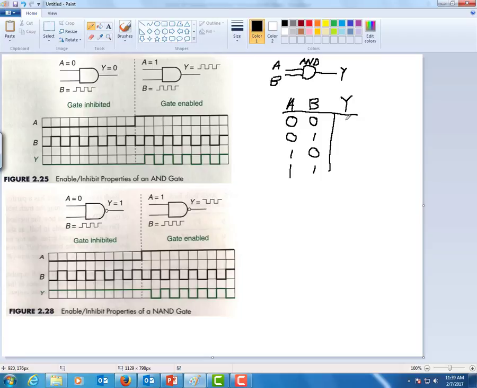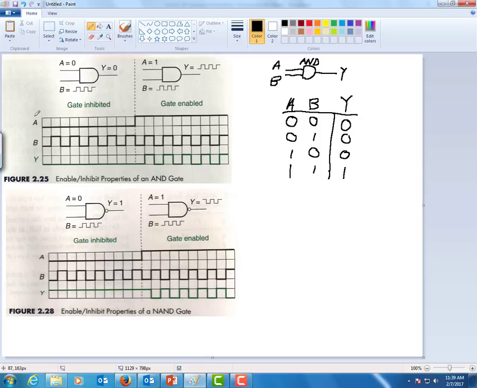So with an AND gate, that would be 0, that would be 0, that would be 0, and this last one, it would be 1, wouldn't it? Because remember, A and B have to be high for the output to be high, right? So there's your truth table right here.